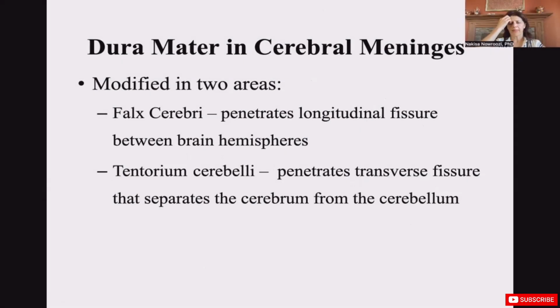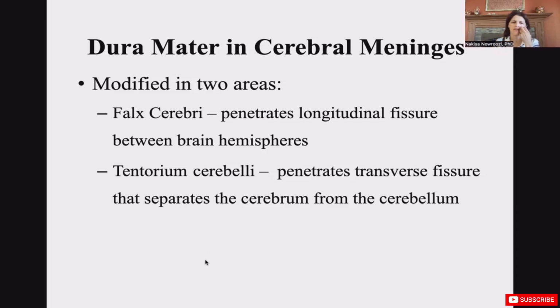Dura mater, this one I have to explain more about these cerebral meninges. These are protective layers that cover the brain and the spinal cord. And in the brain, in the cerebrum meninges, this protective layer gives more modification in two areas.